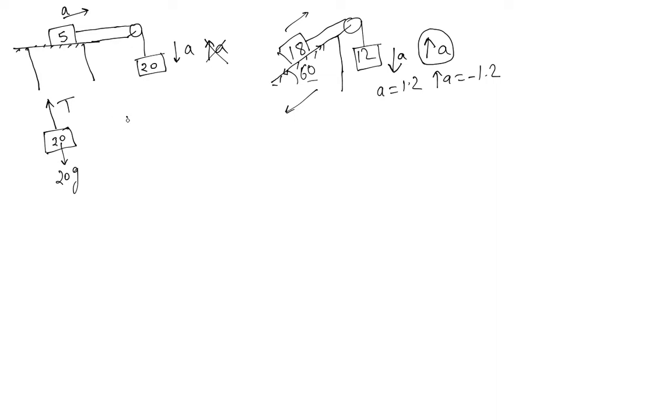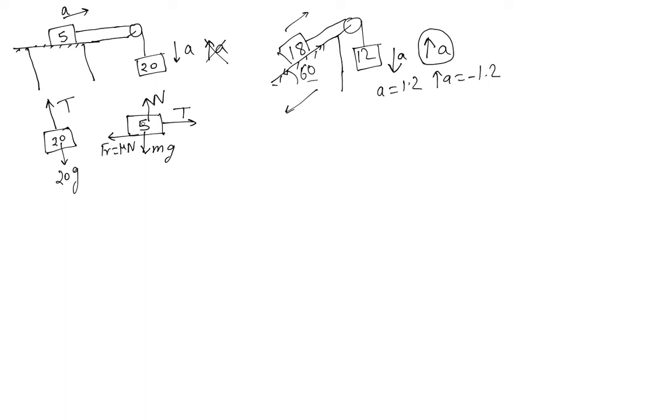Similarly, if you draw a free body diagram of the 5 kilogram mass, then you see there's a tension acting like this. There's a normal reaction acting like this. There's a force of gravity which is acting like this, and there's a force of friction acting like this. Will be what? mu n.